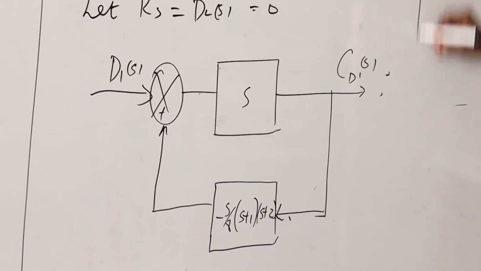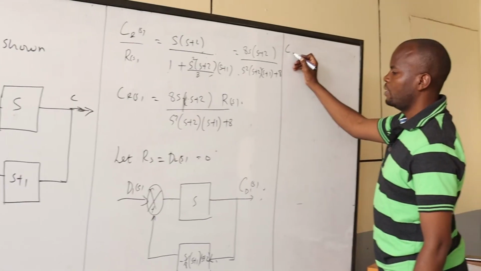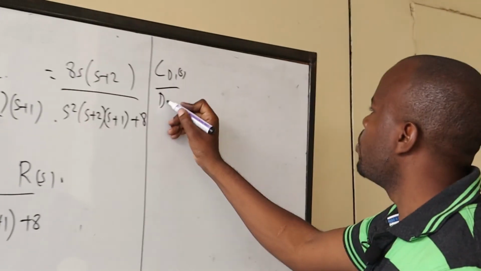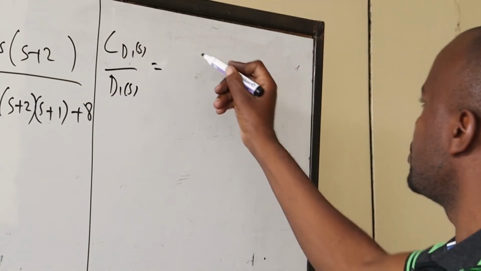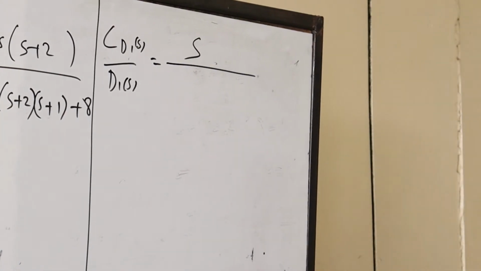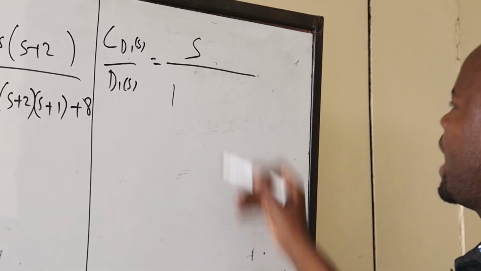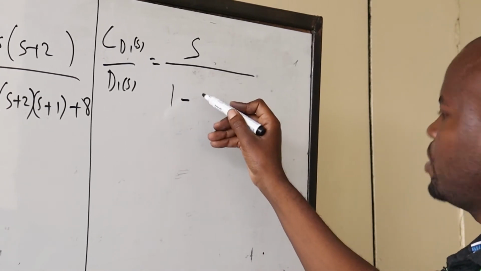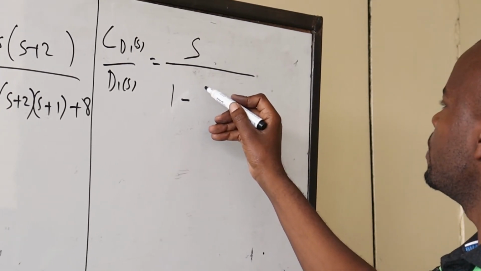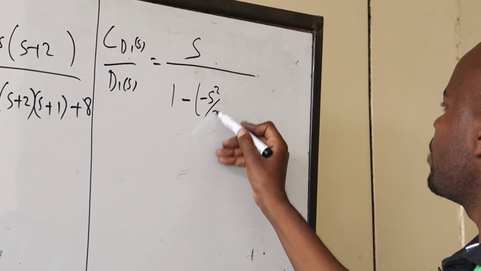So in that case, we can talk about C D1 of S all over D1 of S is equal to, our G is going to be S all over 1 minus, into, and again minus S squared all over 8.